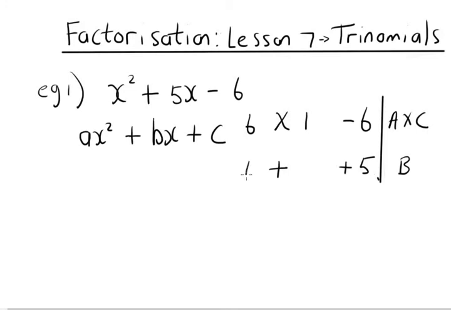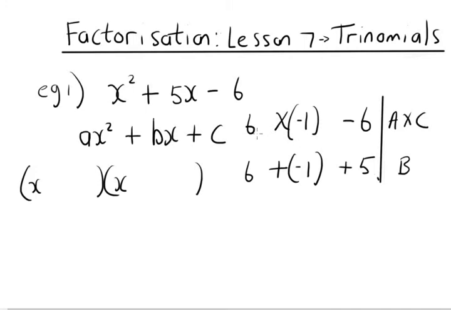In terms of the process, you can write that down first, and then you need to decide what needs to be positive and what needs to be negative, because it's a positive times a negative that gives me a negative. In this case, it's going to be the negative 1, because when I multiply it out, I get negative 6, but when I add it up, I get positive 5. Now that I found my factors, I'm going to have two brackets, with x and x.